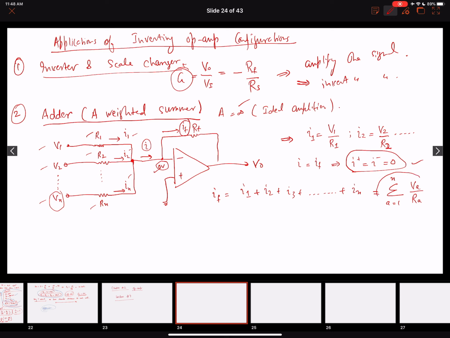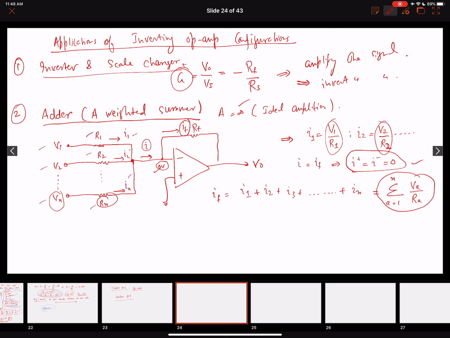Right? Now, if you look at the summation equation, essentially this is the same thing. So what we are doing is we are summing up all these values, V1 over R1, V2 over R2, V3 over R3, and so on till Rn. So this is our value of the current.